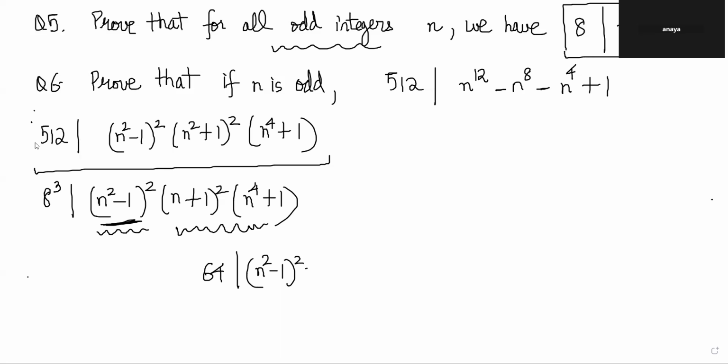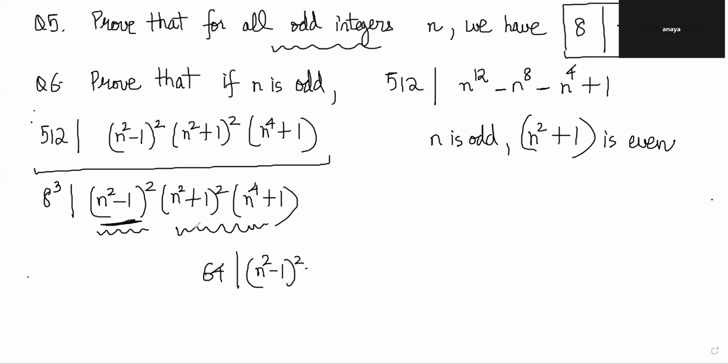Now you should think of the fact that n is odd, and plug in 2k plus 1. N is odd, then obviously n plus 1 is even. So actually it's not n plus 1, it is n square plus 1. But still that is also even because n square will be odd, so n square plus 1 will be even, right?